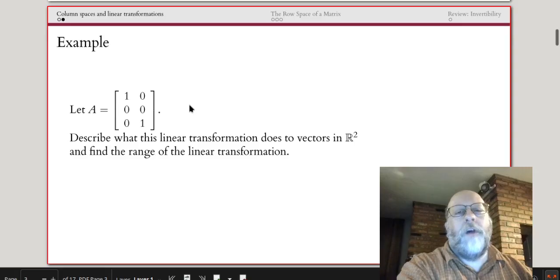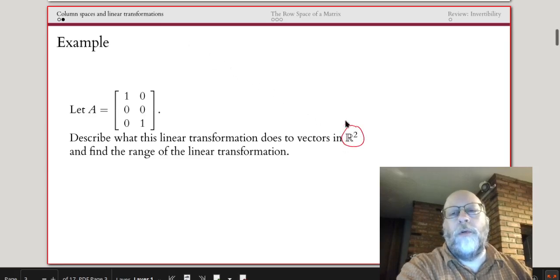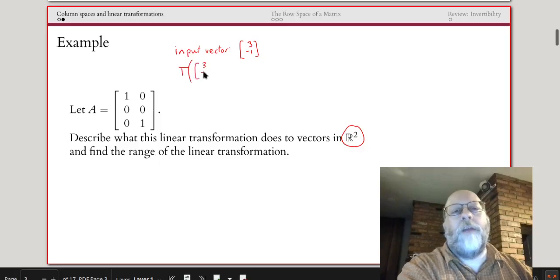So let's think about what's happening here. If I start with a vector in R2, my input vector, I'll use, let's say, 3, -1 as an example, then the transformed version of 3, -1 is A times 3, -1.